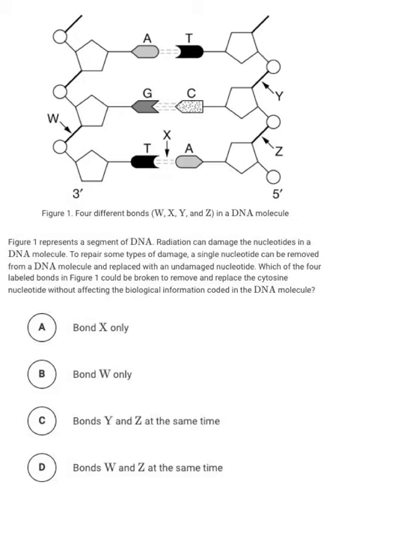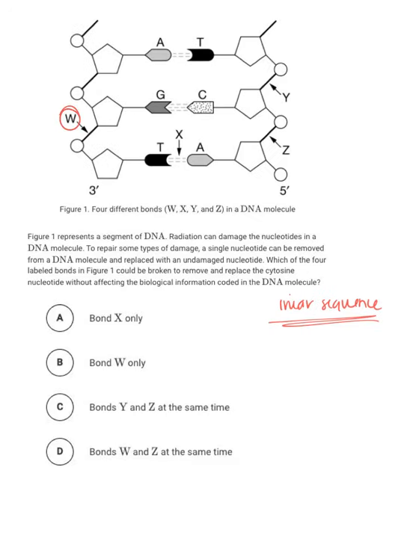Okay, so just a hint from the first one, remember we're looking at the linear sequence. Okay, we don't want to damage this linear sequence. And our options are W, X, Y, and Z.